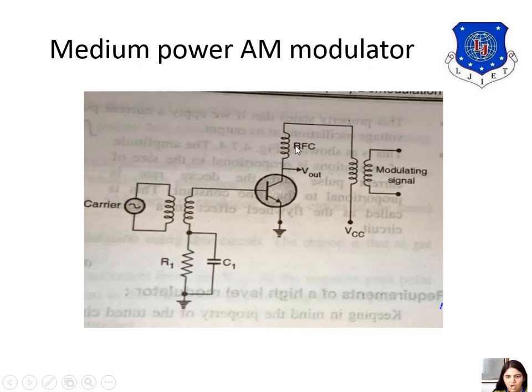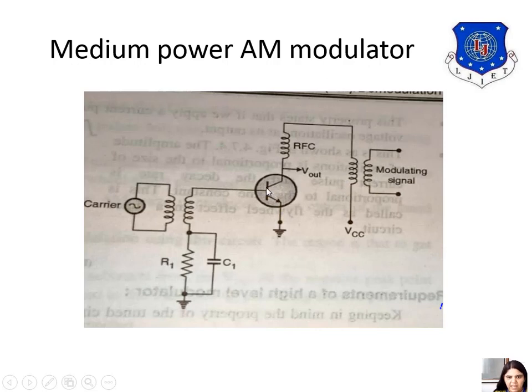The job of this RFC is to isolate the DC supply from the carrier and the sidebands, and allow the DC and the low frequency modulating signals to pass through it. This is how the medium power AM modulator works.